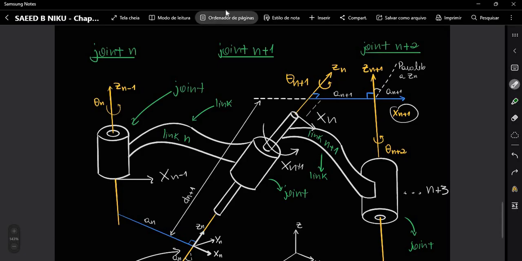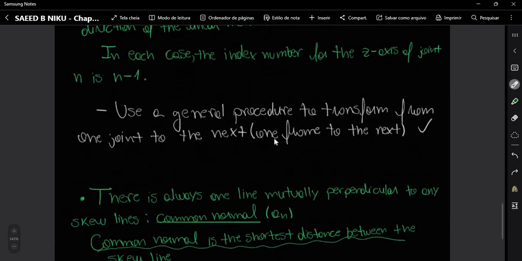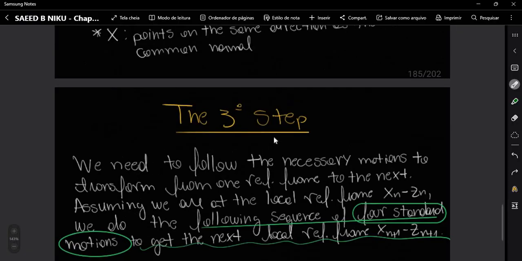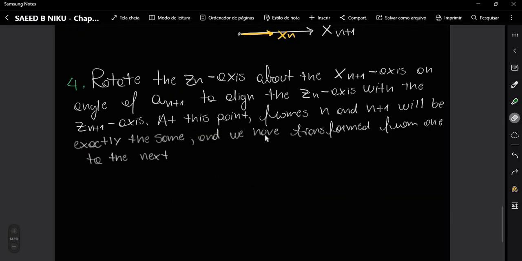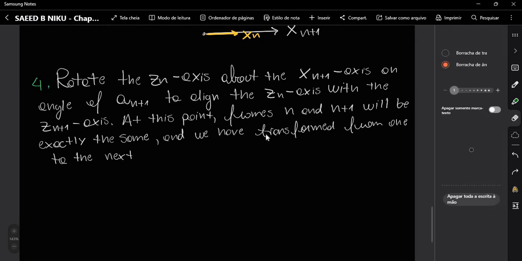And actually the angle is alpha, not a. I committed a mistake right here. It's alpha.